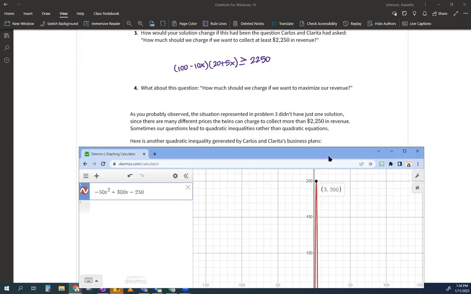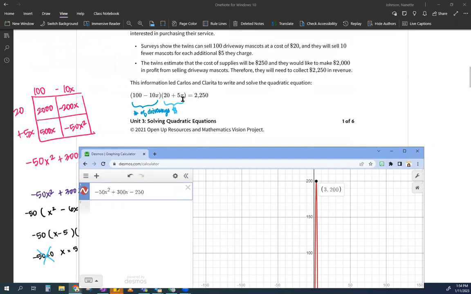Okay, so let me just write some stuff down so that you guys can understand, and then we'll call it a day. So my vertex is at 3,200. So what does that mean? It means x equals 3, right? So let's go back up here. If x is equal to 3, oh, that means I need to upcharge $5, right?